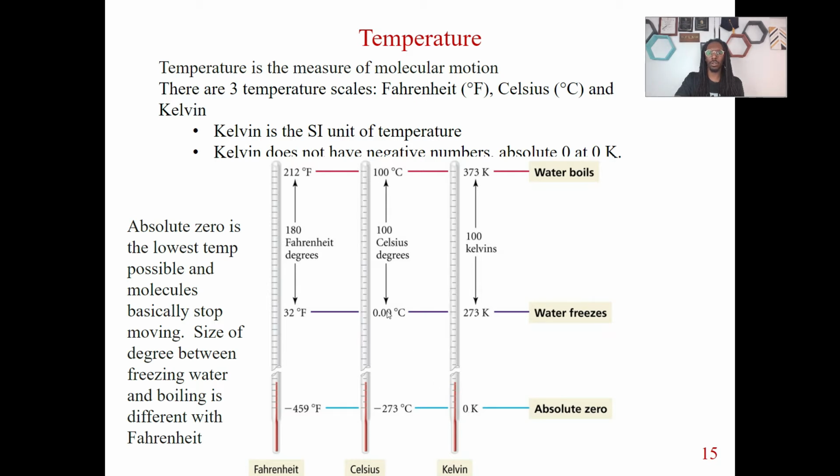However, notice that because of the way our degrees are set up, 0 for Celsius is here. So we can have a negative number for Celsius and Fahrenheit. When we're at 0 Kelvin, we're at negative 273 Celsius. And if we compare that to Fahrenheit, we're at negative 459 degrees Fahrenheit.